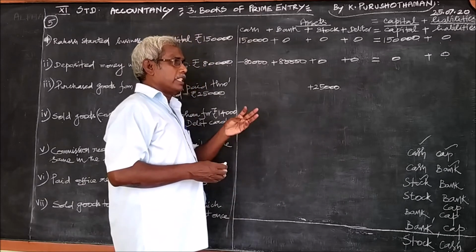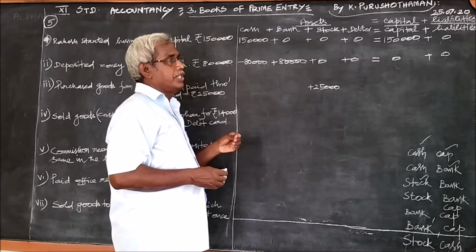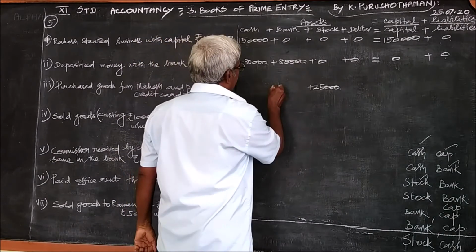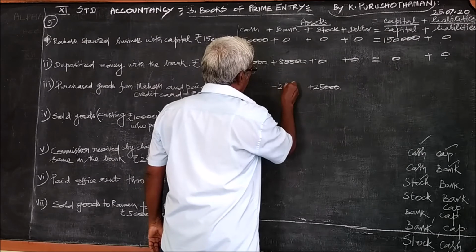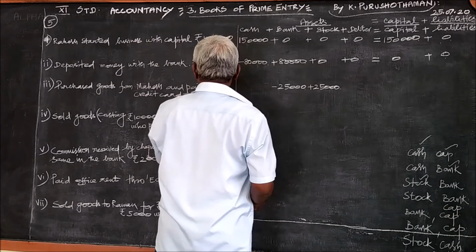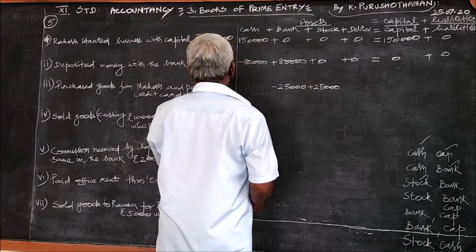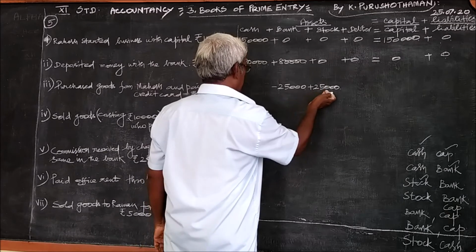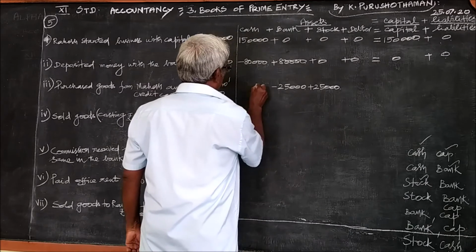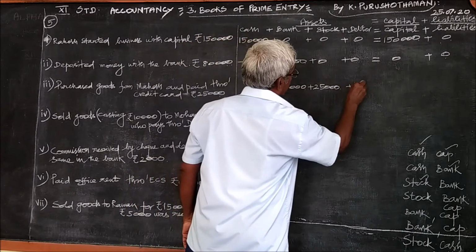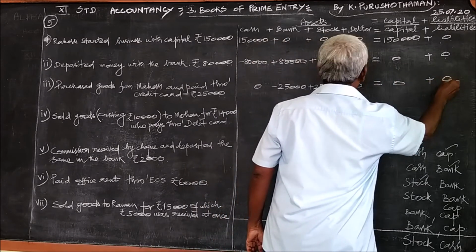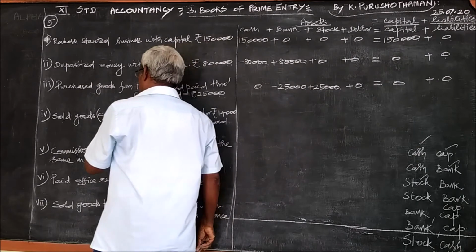Just now I said, whether it is debit card, credit card, net, RTGS, or through machine, it is connected with the bank. Therefore, from the bank it is going out. Therefore, 25,000 is paid. If it is received, plus; if it is paid through debit card or credit card, it is minus 25,000. Plus 25 minus 25, 0. Right hand side also 0. Therefore, accounting equation is okay. 0, 0.